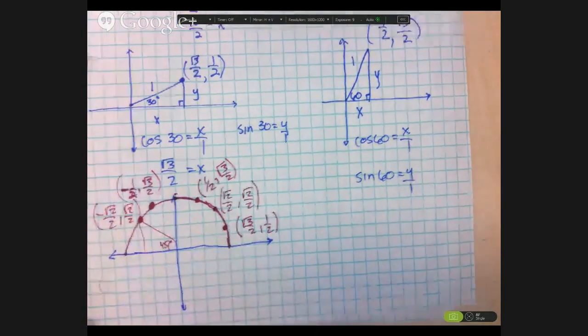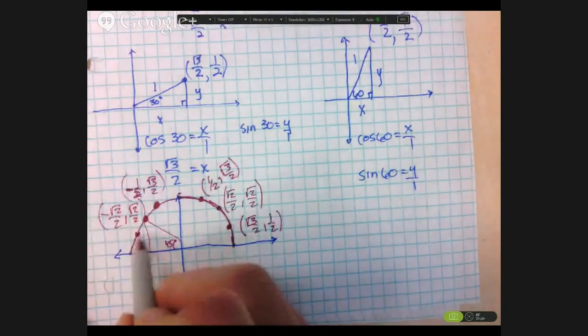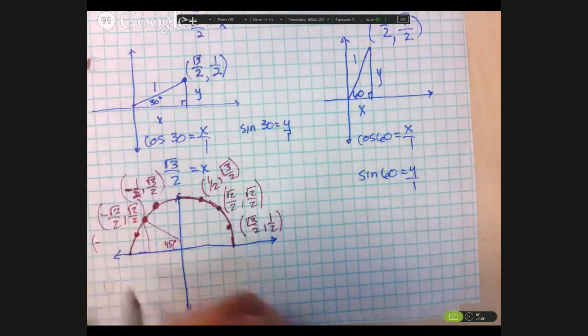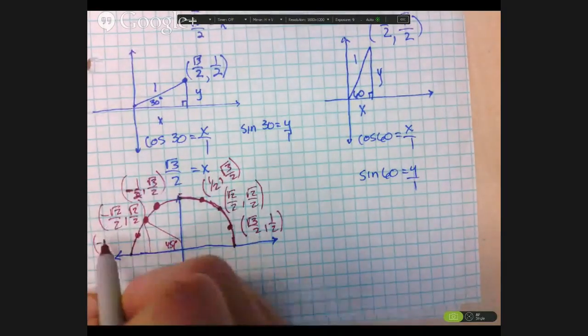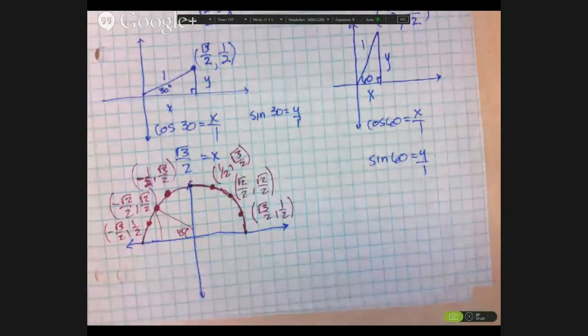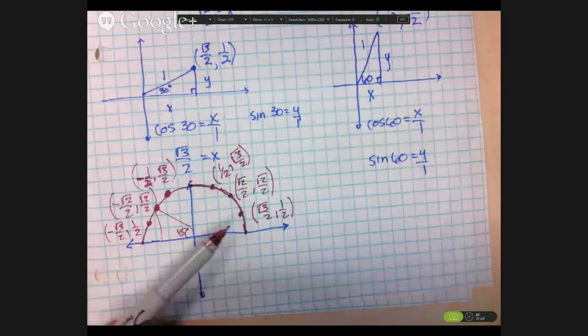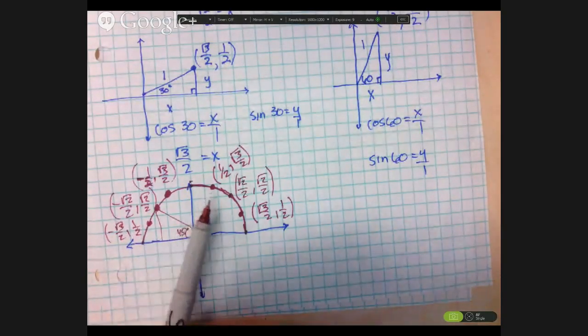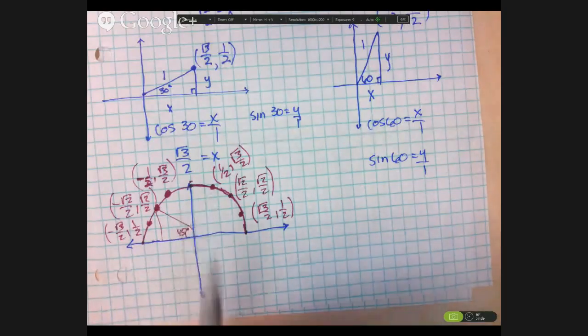Okay. What about the 30 degrees? Negative root 3 over 2, 1/2. Okay, so we have 30, 45, and 60. What's the value at 90?